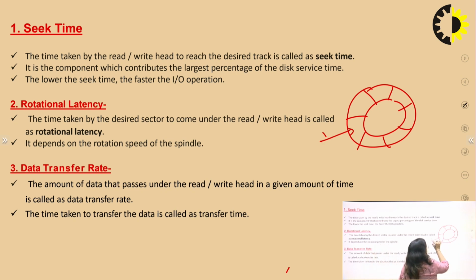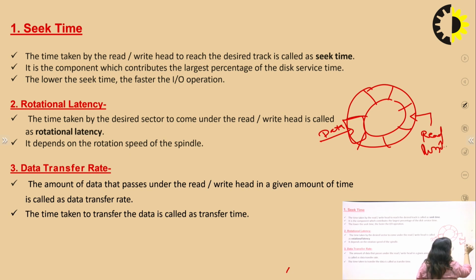Your data is in this sector, but your read write head at that time is present on this sector, and you want to access your data from this other sector.